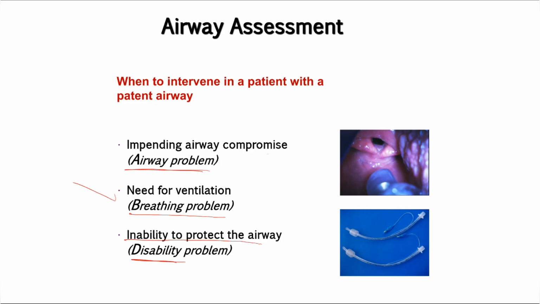But for example, disability problem, the Glasgow Coma Scale is 8 and less. So at that time, you are suspecting that the gastric contents may return to the lung and may cause aspiration pneumonia. That's why you have to protect the airway by intubation. So not only airway problems need intervention. Airway problem, breathing problem, disability problem may need intubation and intervention.